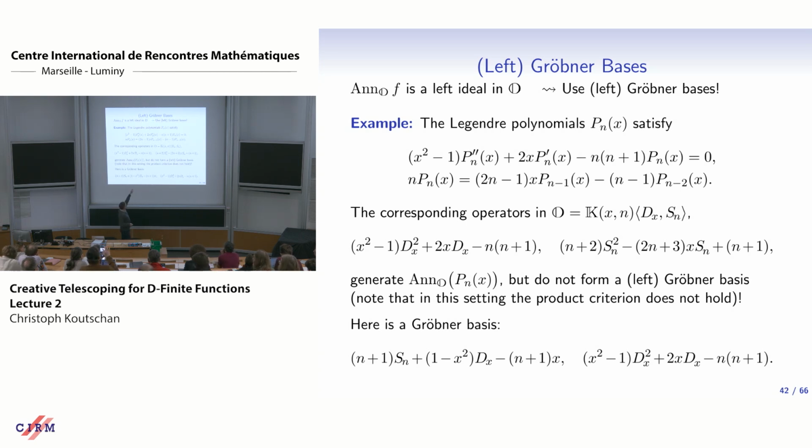Okay. So if you write down two arbitrary operators like this with random coefficients, then they usually will not be compatible. If you then compute the Gröbner basis, you will get 1. So somehow, it has to do with the compatibility of these two equations.